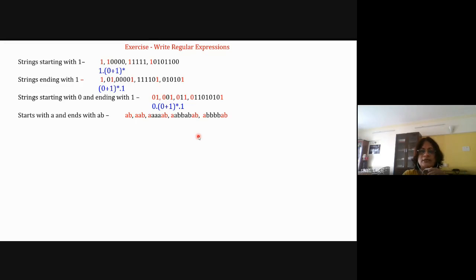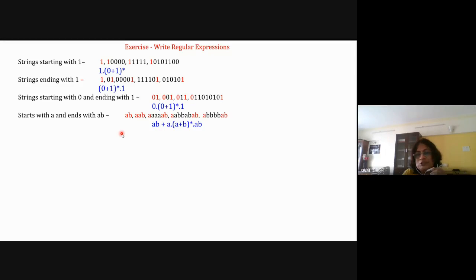So we can use plus, that either AB or this string. Okay, so now you remember I taught you something new, that wherever you have to check the boundary conditions, and if it is not a general rule, then you can use a plus operator and you add it separately.